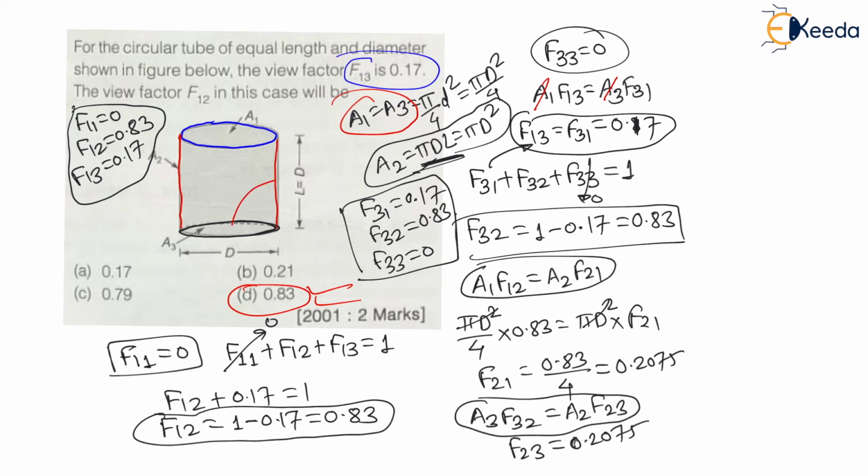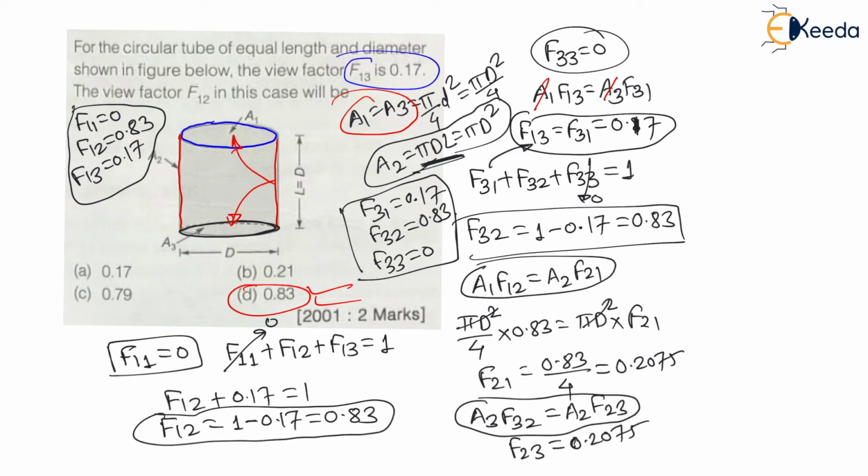Therefore the shape factor of 2 with respect to 1 must be equal to the shape factor of 2 with respect to 3, that is F2 to 1 must be equal to F2 to 3, and let us put the values here. A3 is equal to A1, right, and F3 to 2 is equal to F1 to 2. We know that, right. You will get the same value.